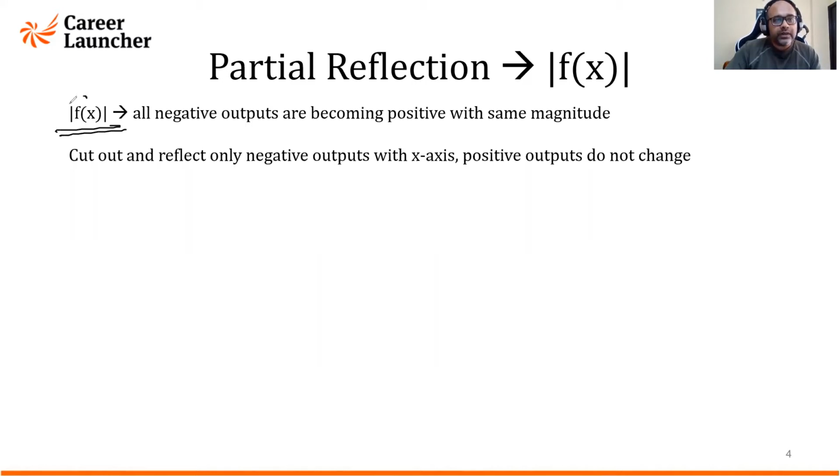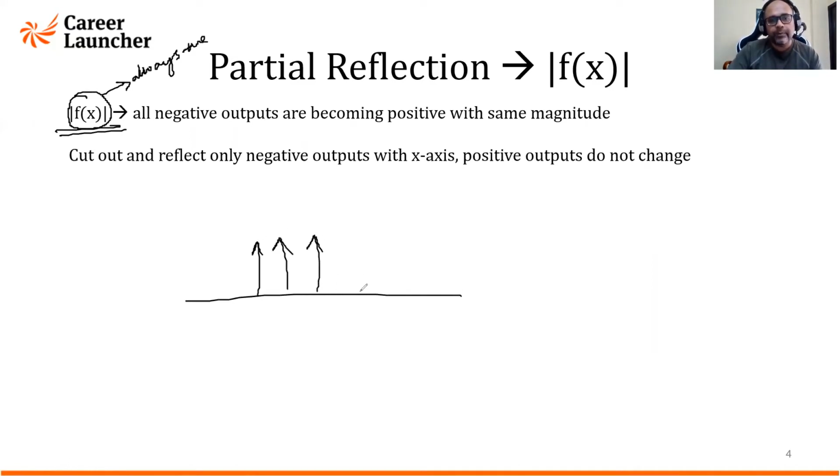Because there is a modulus, this answer is always positive. It cannot be negative at all, which basically means if I draw my x-axis, horizontal, then my answer should only be on the upper side of my x-axis. There cannot be anything on the lower side of the x-axis, because that is y negative, whereas this is y positive.